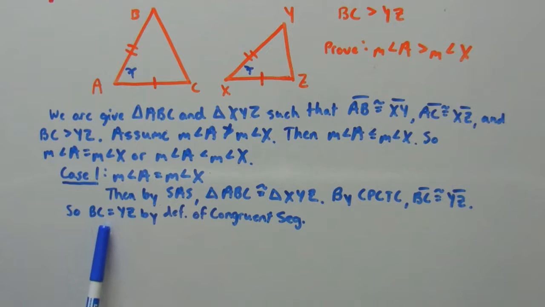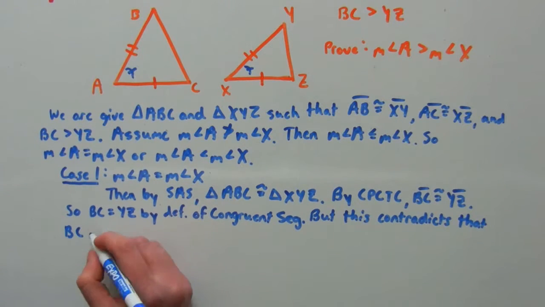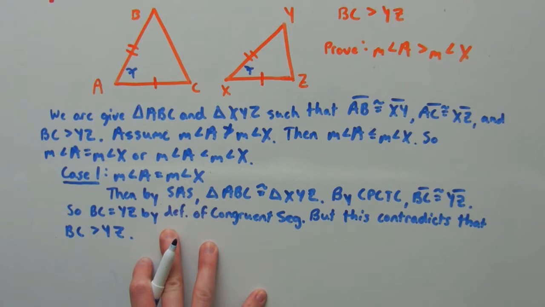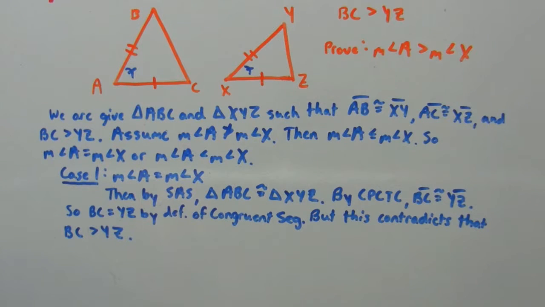So BC is equal to YZ by the definition of congruent segments. But this contradicts the fact that we're given that BC is greater than YZ. So we've reached our contradiction for case 1. Let's move on to case 2.